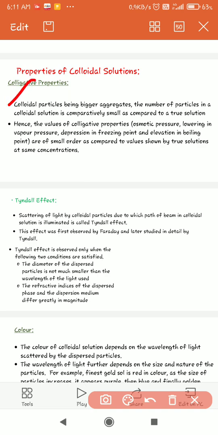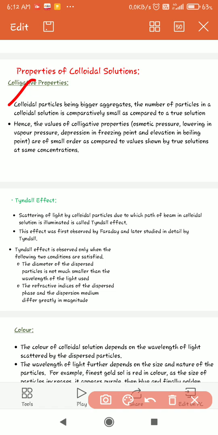Colloidal particles being bigger aggregates, the number of particles in a colloidal solution is comparatively small as compared to a true solution. So colloidal particles are bigger.